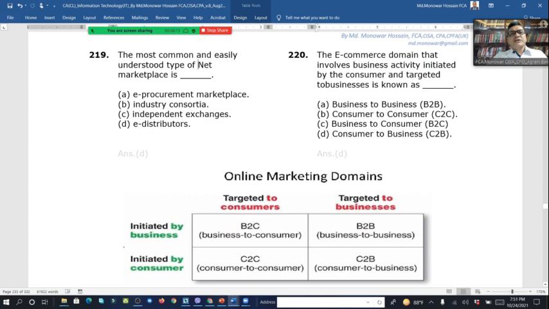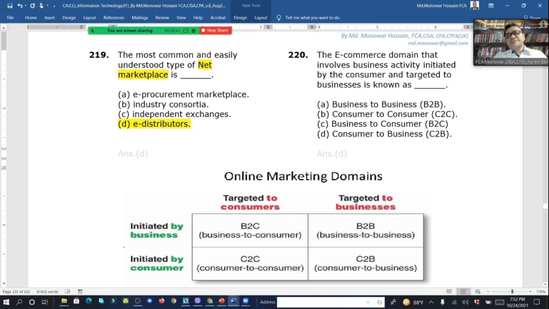So here, net marketplace. Here four items, but the answer is here D, e-distributor.